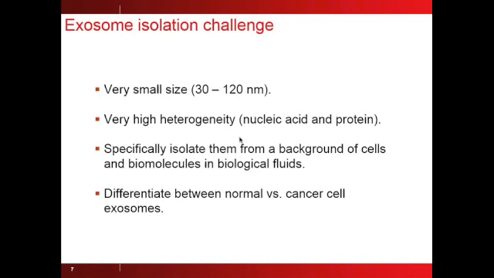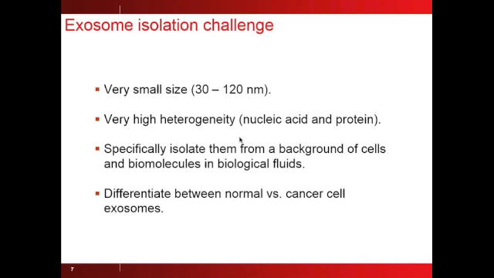Another thing is exosomes are highly heterogeneous, not only in their nucleic acid and protein contents, but also in the markers on their surface. This is because the pathway by which exosomes are formed is not fully understood, but there's a stochastic nature to it, like a little portion of a membrane forms an exosome, and then whatever was around it gets internalized, and whatever markers were on the surface is what the exosome will have.